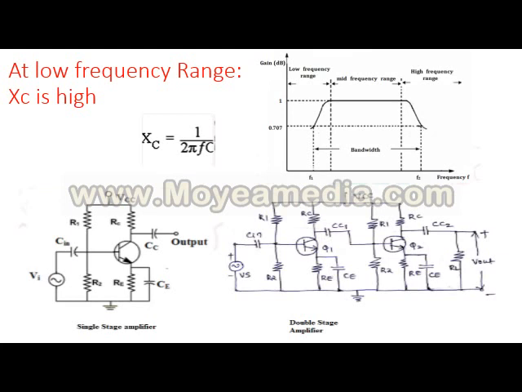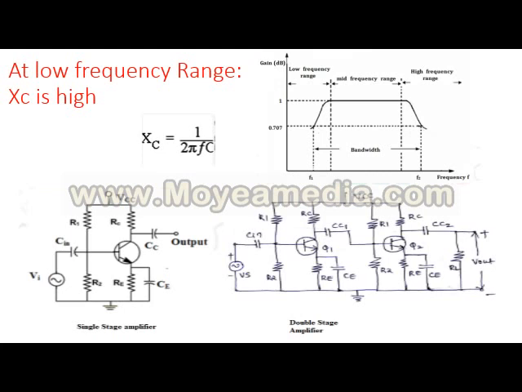Remember, at low frequencies the reactance of a capacitor is high. The reactance of a capacitor means it offers high resistance to the coming signals. So according to this equation, Xc is equal to 1 by 2 pi Fc, at low frequencies the reactance is very high.